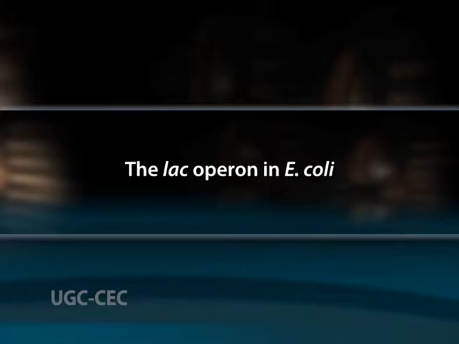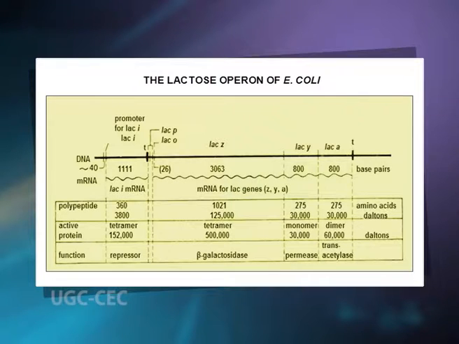The lac operon in E. coli. The lac operon, as seen in this figure, consists of 26 base pairs. There are 3 structural genes in the lac operon. 1, LAC-Z, consisting of 3063 base pairs, codes for the enzyme beta-galactosidase, which is active as a tetramer and breaks lactose into glucose and galactose to be utilized in the cell. 2, LAC-Y, consisting of 800 base pairs, codes for beta-galactoside permease, which is a membrane bound protein and helps in transport of metabolites.